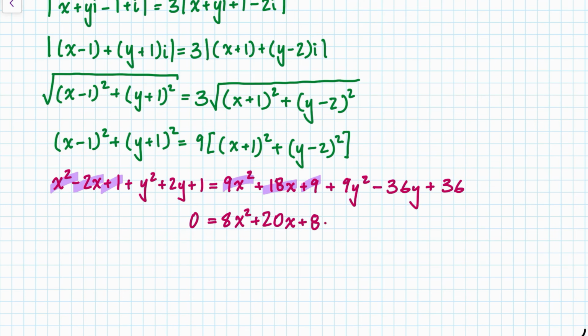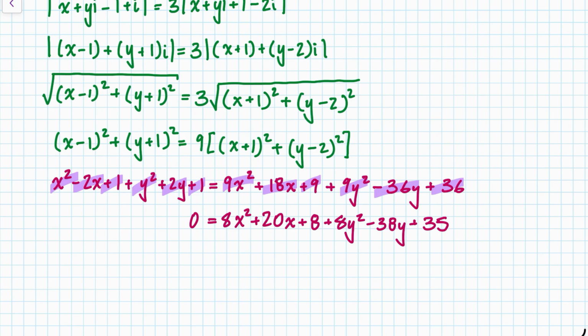Then moving on to the y's, we have 9y squared minus y squared is 8y squared. We have negative 36 minus another 2 is going to be negative 38y. And then we've got 36 minus 1 becomes plus 35.